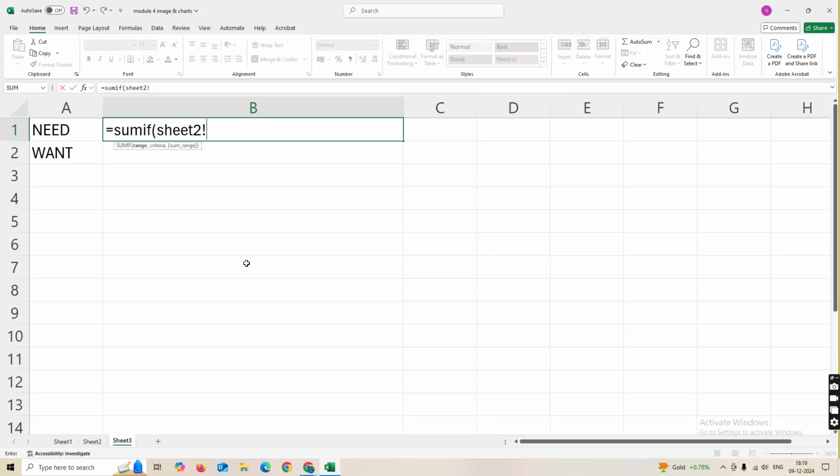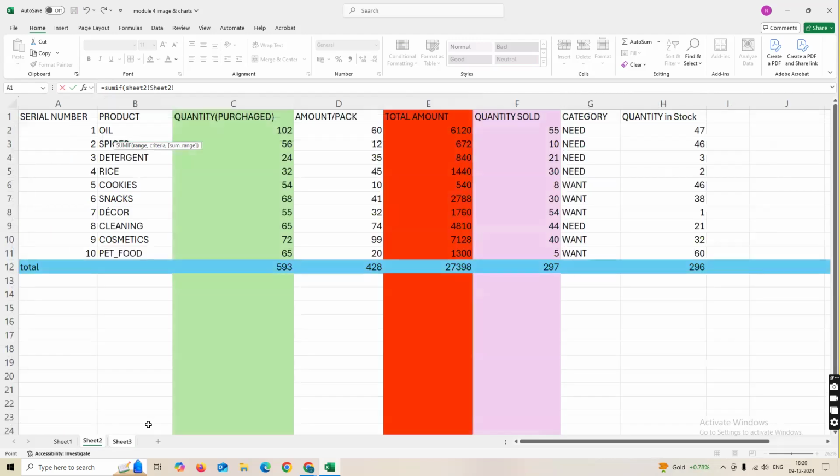Now after this, in sheet 2, where is the data? Let me go to sheet 2. I have this category need in the G column, isn't it?